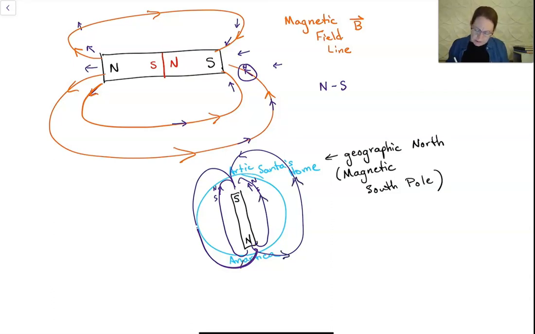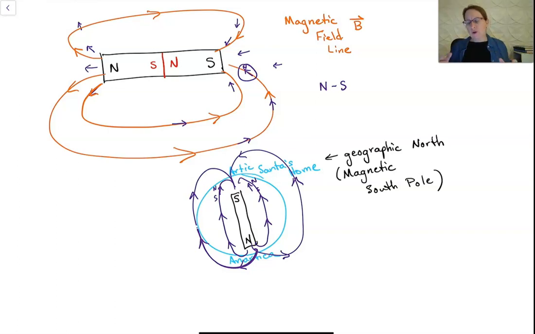The magnetic north and magnetic south over geologic time have flipped, and we know that because of the magnetic flow of hot magnetic rock lining up with the poles at certain times in the Earth's history. So we have a map of what the magnetic field looks like and how it flips over time.